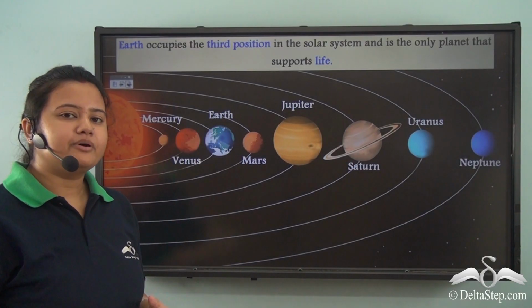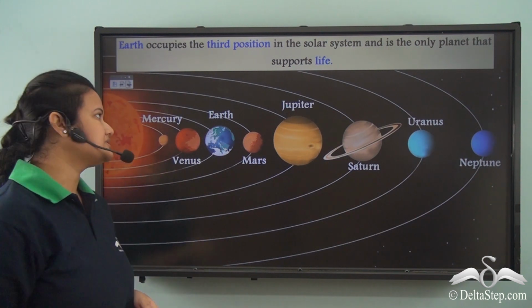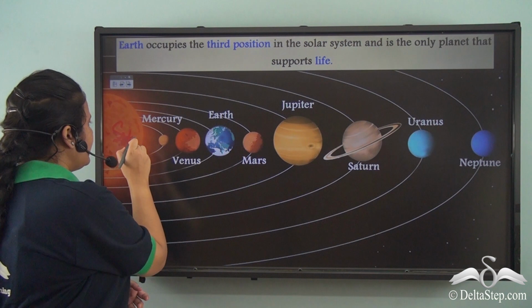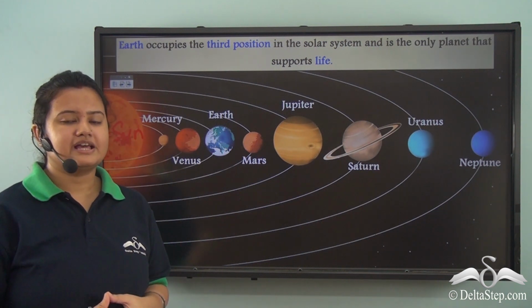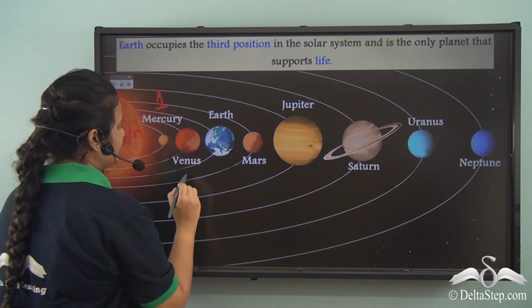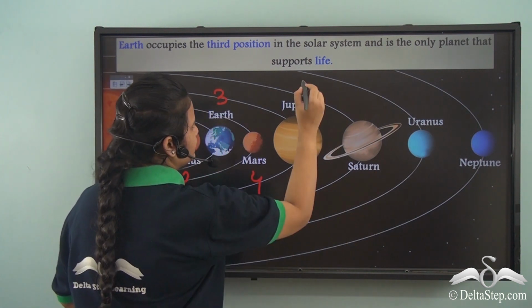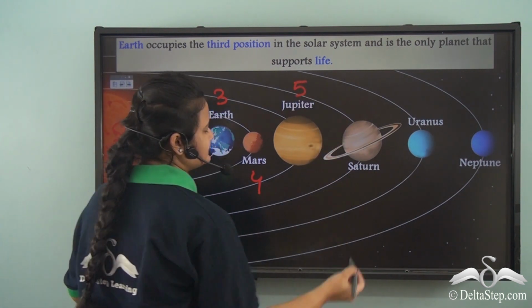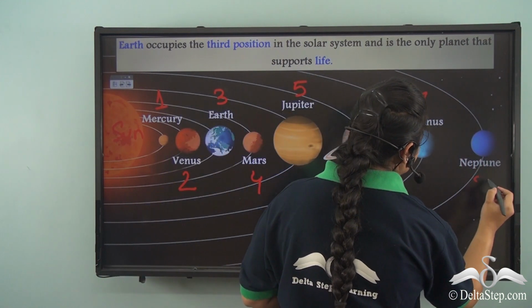Well, if you remember, earlier I mentioned that our solar system consists of the Sun and 8 other planets revolving around it. Let's number these planets. Mercury is 1, Venus 2, Earth 3, Mars 4, Jupiter 5, Saturn 6, Uranus 7, and Neptune 8.